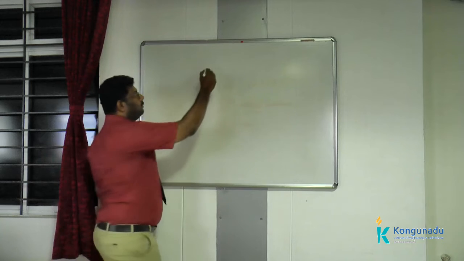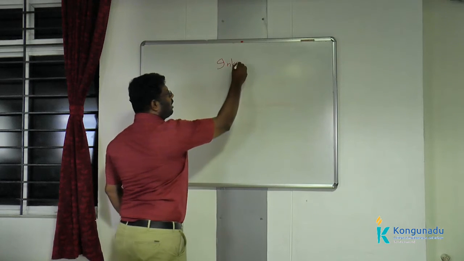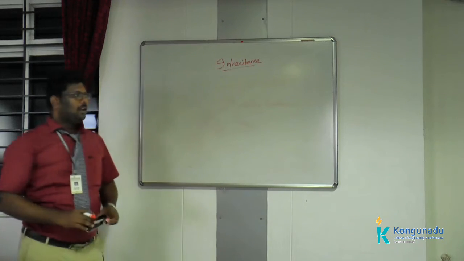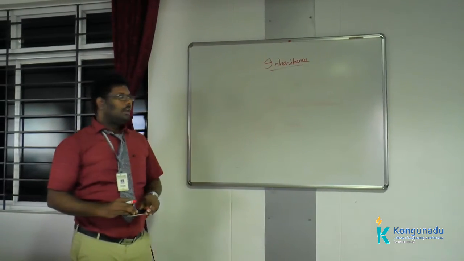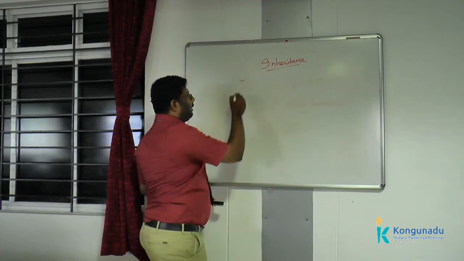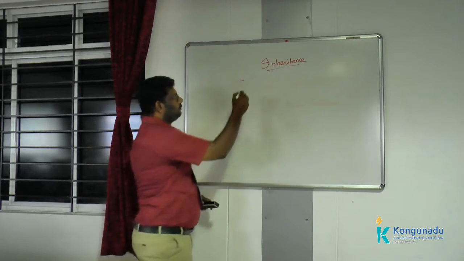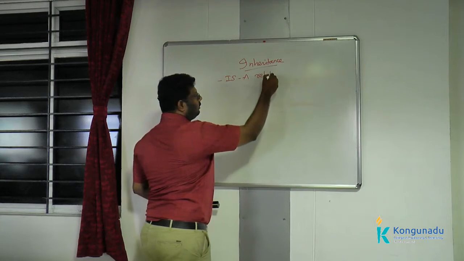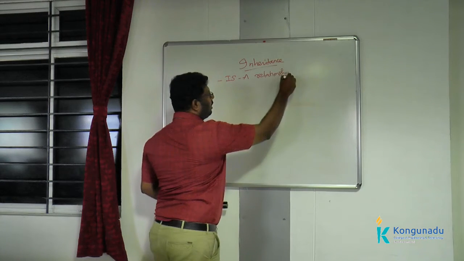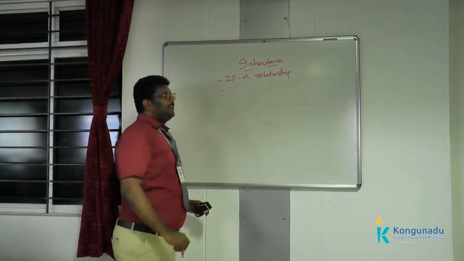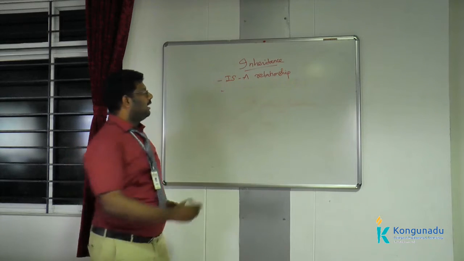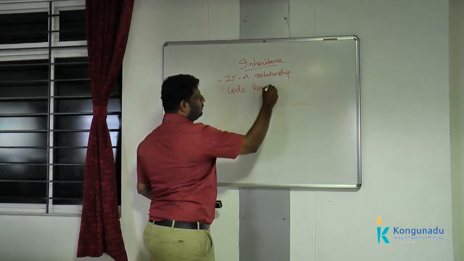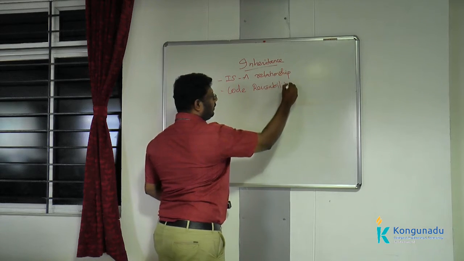So today we are going to start with the concept of inheritance. It is a very important concept in object-oriented programming. When we start with inheritance, it should follow an is-a relationship. And another main advantage of inheritance is code reusability.